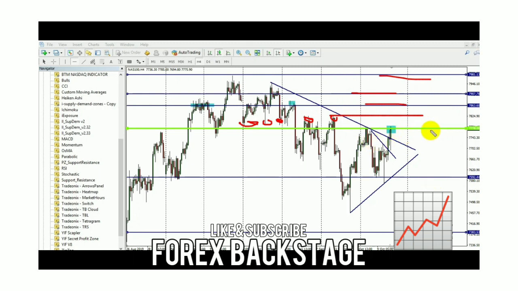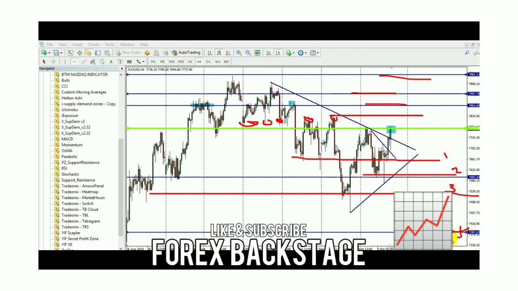Let's say if it's a sell, then it means you have to put your first take profit here, and then your second, your third take profit, and your fourth take profit.